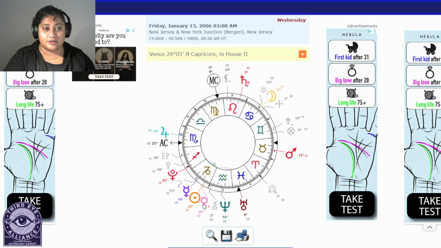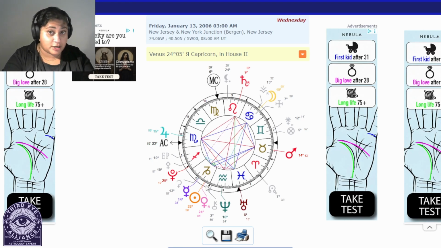The third house has to do with communication. It has to do with writing, and Mercury has to do with writing. And where do we see Mercury? This is so insane. Isn't she writing a freaking novel? Her mother wrote books, and she's a writer too. What in the hell?